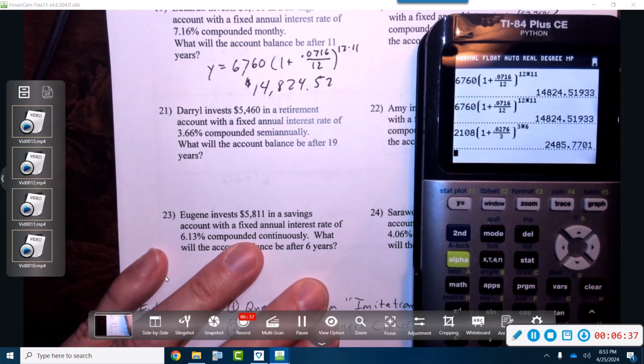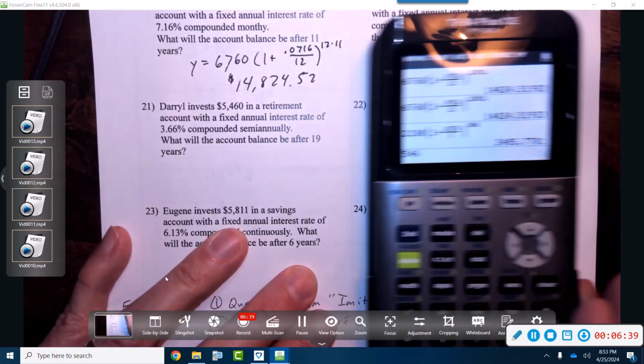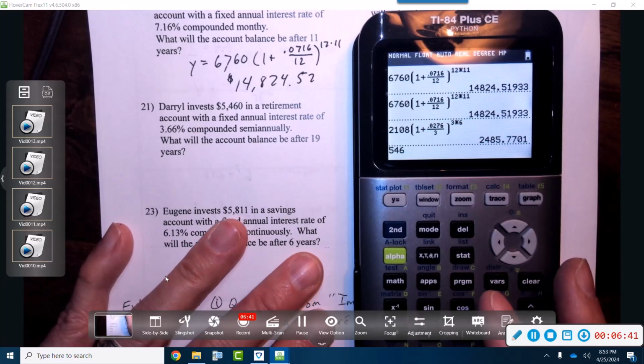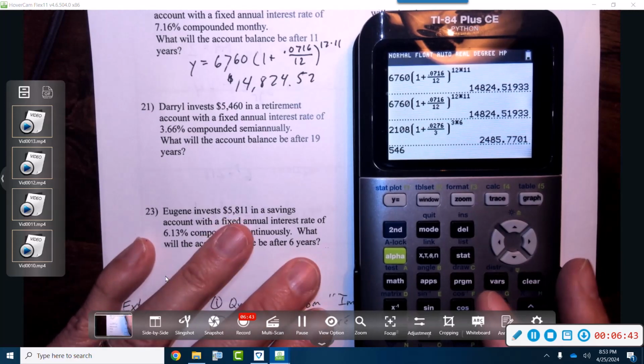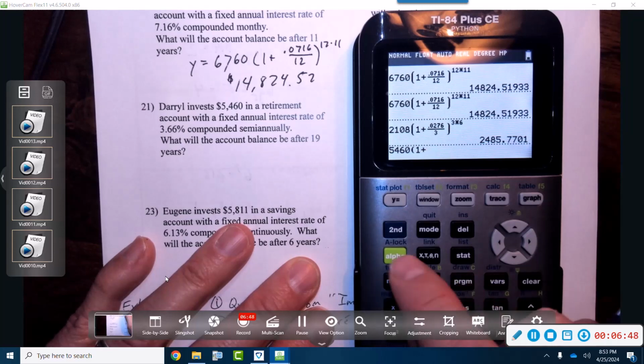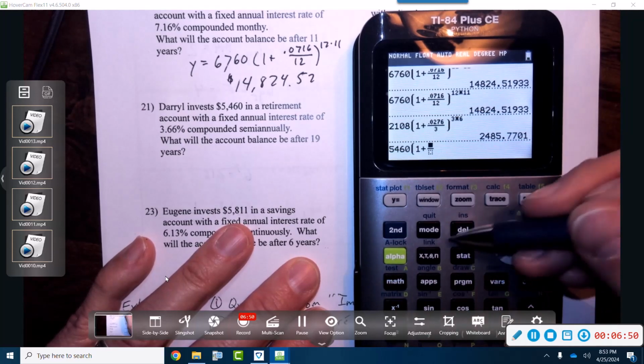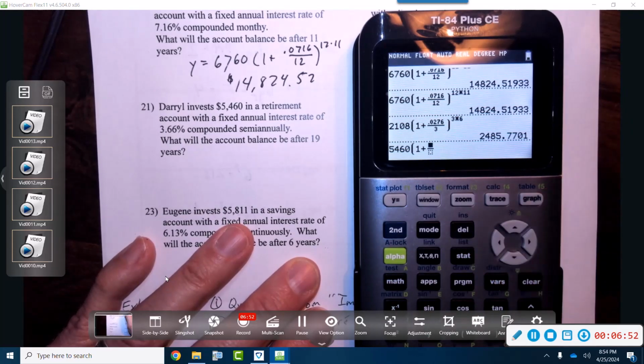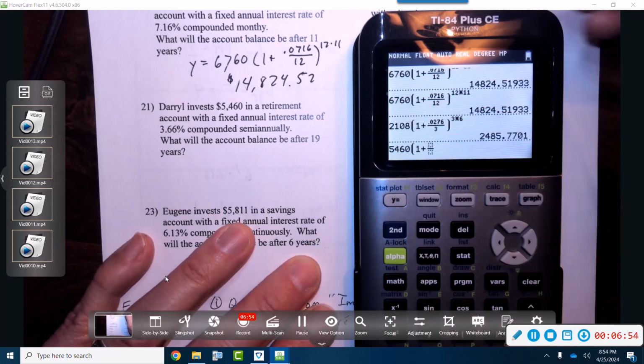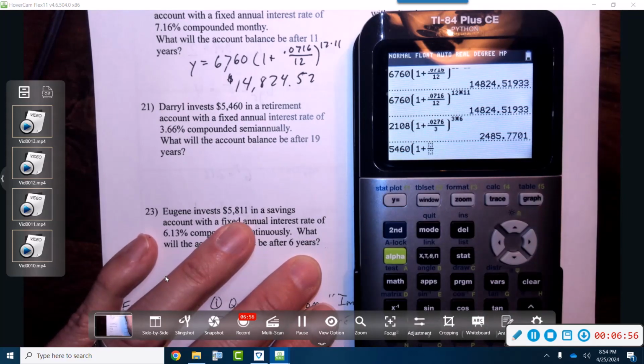Next, let's see. I'm actually just going to punch this right into the calculator directly. 460 times 1 plus, and then we're going to get that fraction bar again. You guys have a fraction key that you can use. This calculator is one of the Python ones, it just doesn't have it. So we got 0.0366.